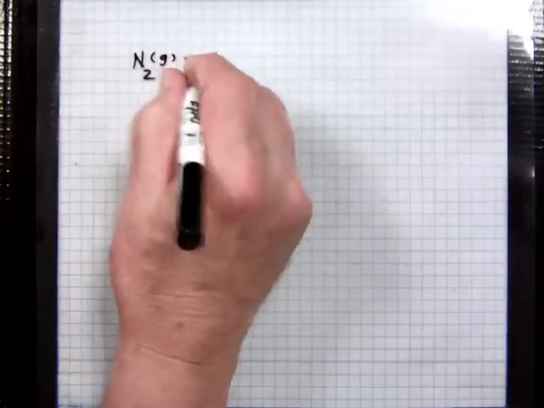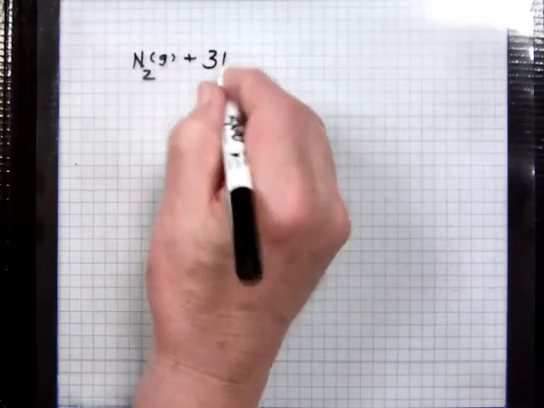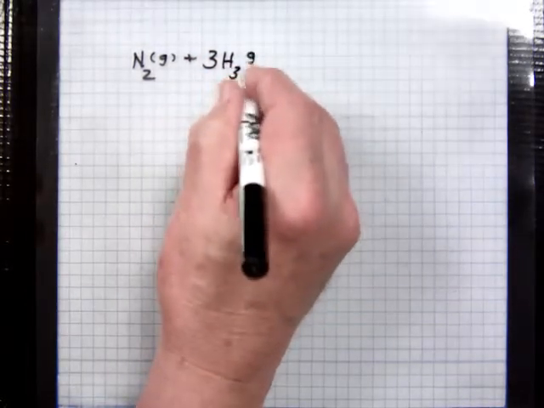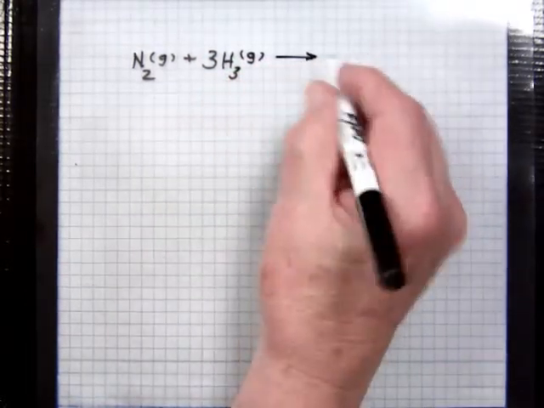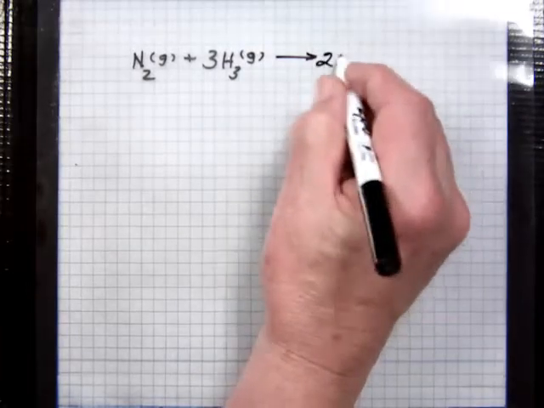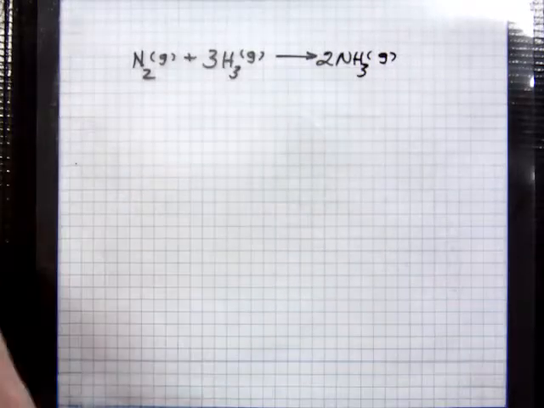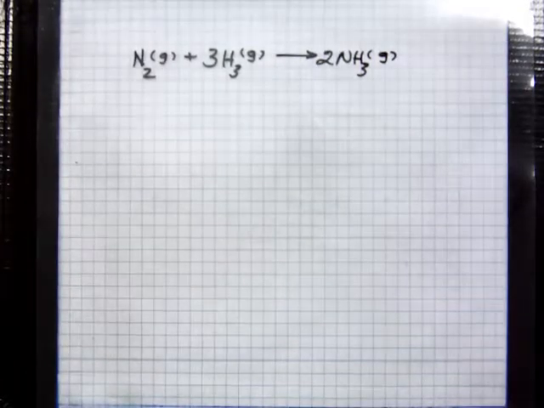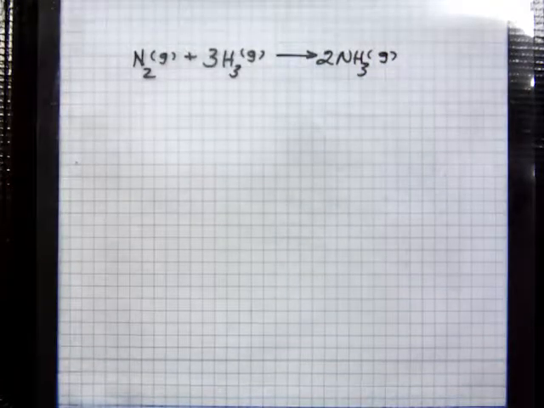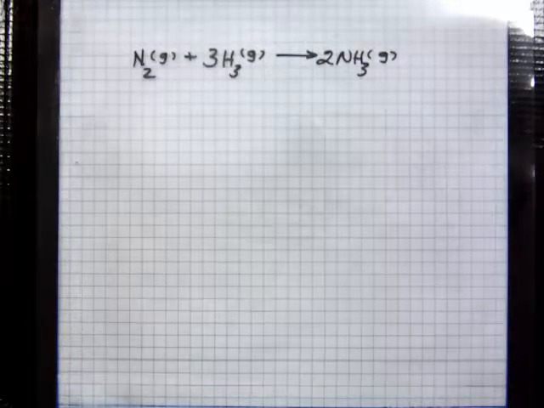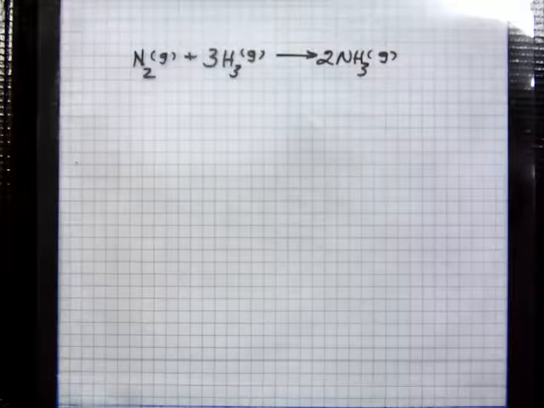And most of you can read this without any trouble. Based on the synthesis of ammonia. Well, when you look at this, the coefficients of the relationship can be interpreted in several ways.